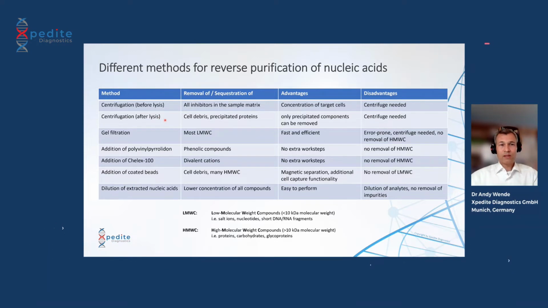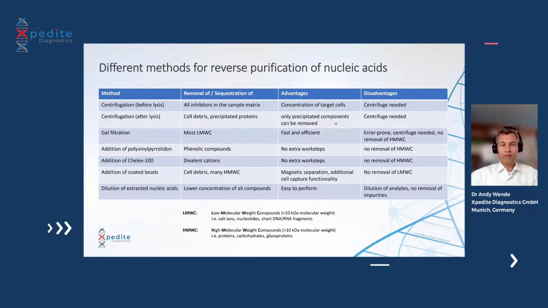So if you do this second method here, the centrifugation after lysis, then you would need to make sure that the stuff that you can remove with the centrifugation is somehow precipitated, or is, for example, the cell debris, which is the remainder of the cells without the nucleic acids, which has been released by the cell lysis.